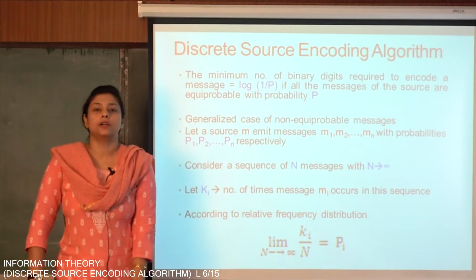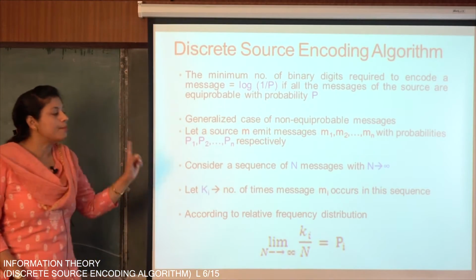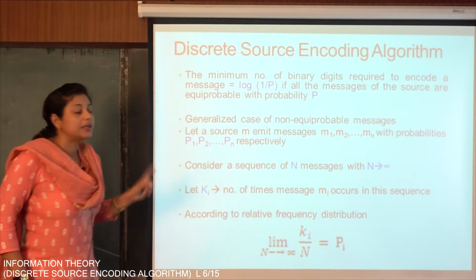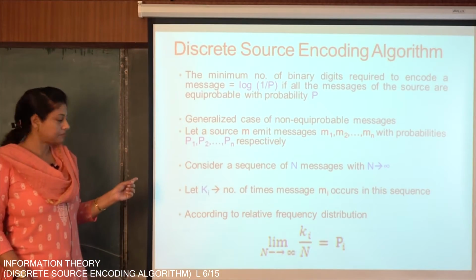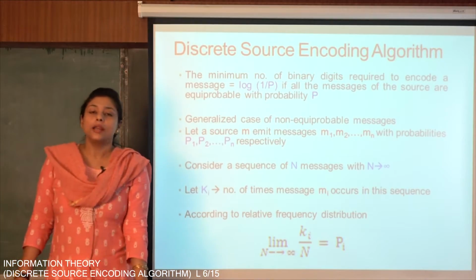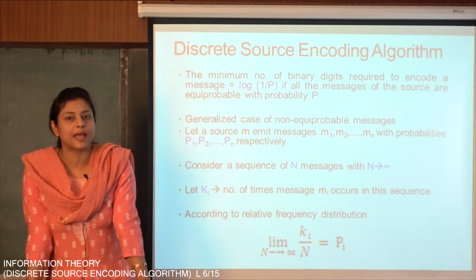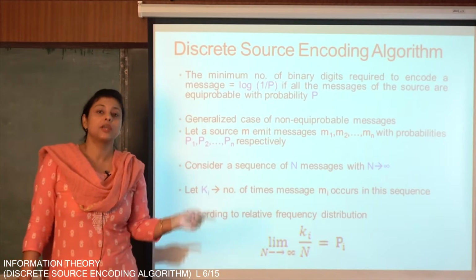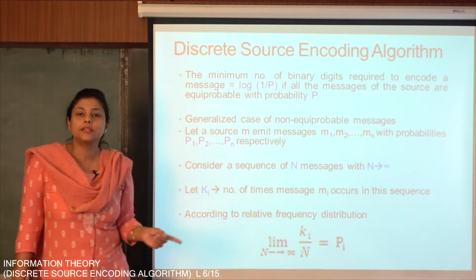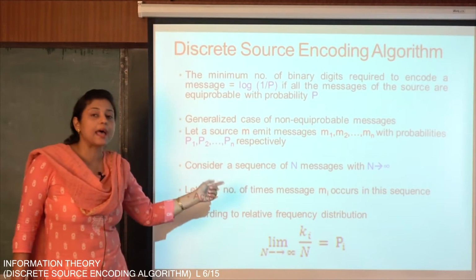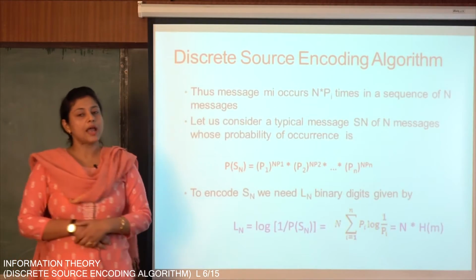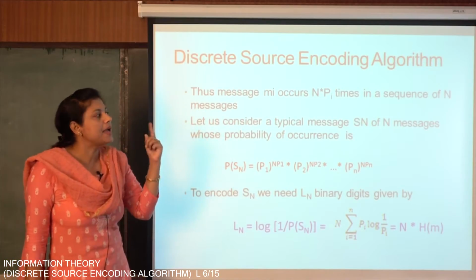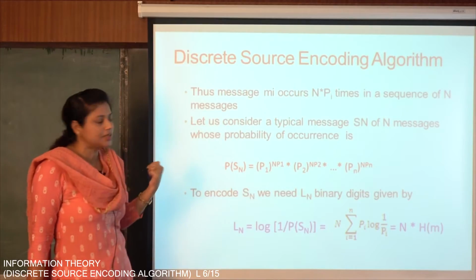We assume here that Ki is the number of times the message Mi occurs in the total sequence of capital N. So according to relative frequency distribution, we can write that Pi, or the probability of occurrence of the message Mi, is given as limit N tends to infinity Ki by N. In other words, the message Mi occurs N Pi times in the sequence of N messages.